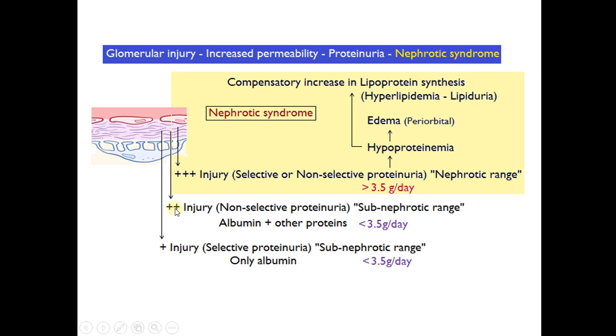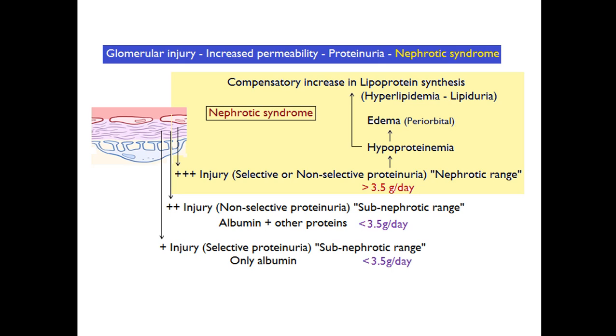But if the injury is a little more severe, then along with albumin, other proteins also will pass through the filtration barrier. And now we say this is non-selective proteinuria. In non-selective proteinuria, in addition to albumin, other proteins are also passed.